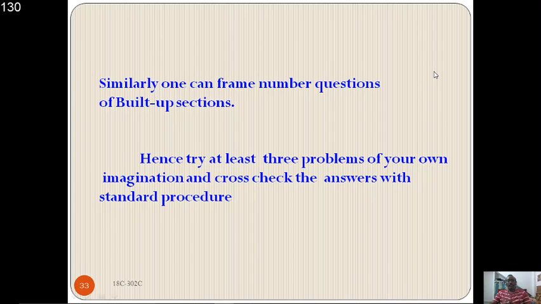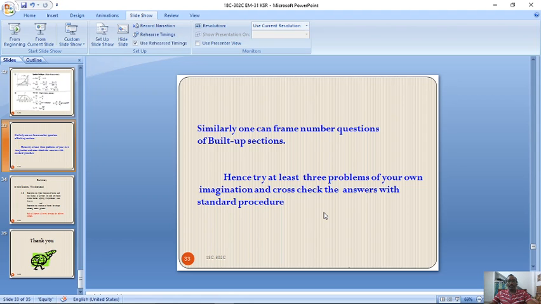With this, we have come across hollow circular sections, built-up sections and everything. So try on your own with the standard procedure and check the correctness of the values. For more practice, do and do, to get success in competitive exams.